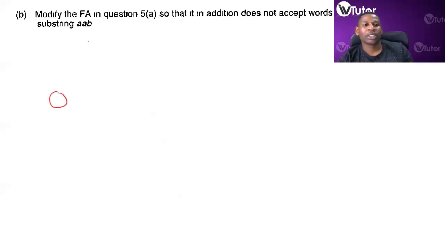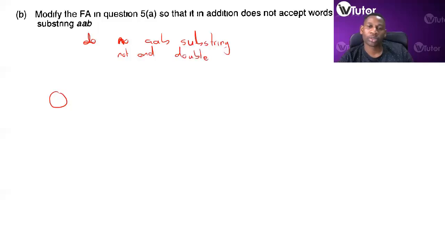So we are saying no AAB substring, and we also do not end on a double letter.